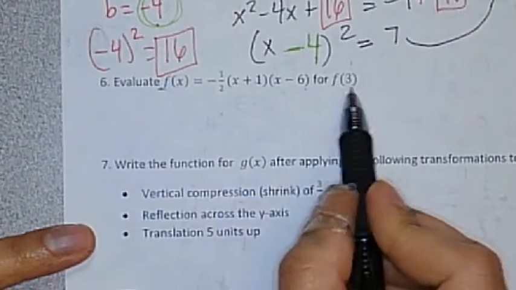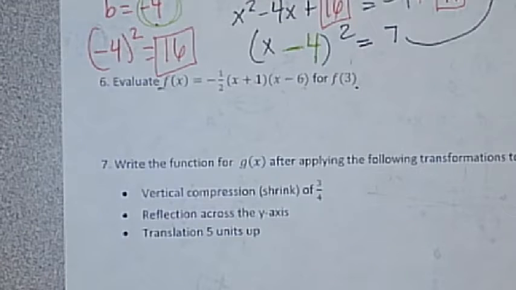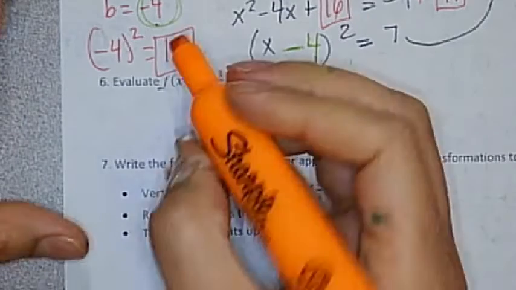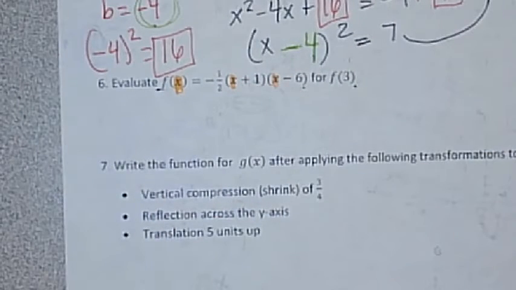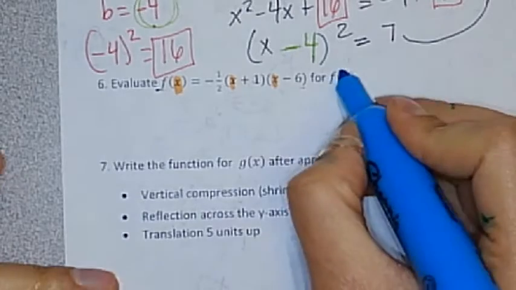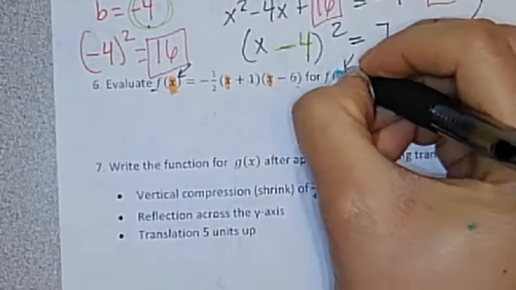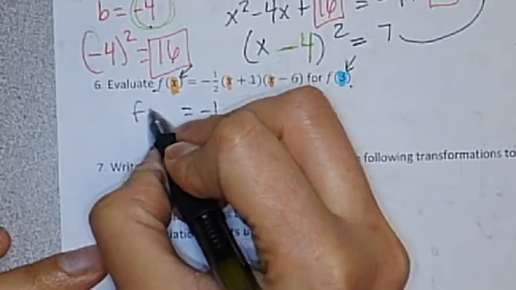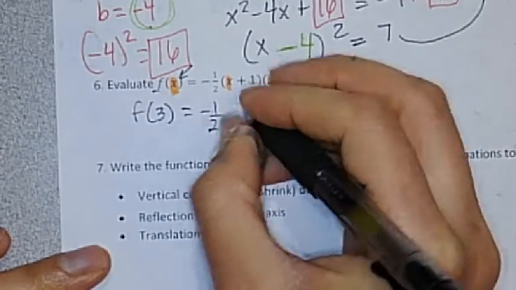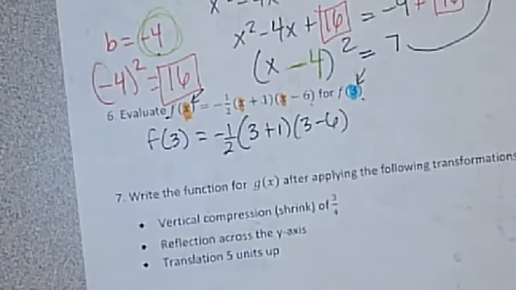Evaluate this for f of 3. So notice how you had, over here this was f of x, and you had x and x. Now I want it to be f of 3, okay? So instead of x, I want 3. So I'm going to write this, and it's going to be 3 plus 1, 3 minus 6.